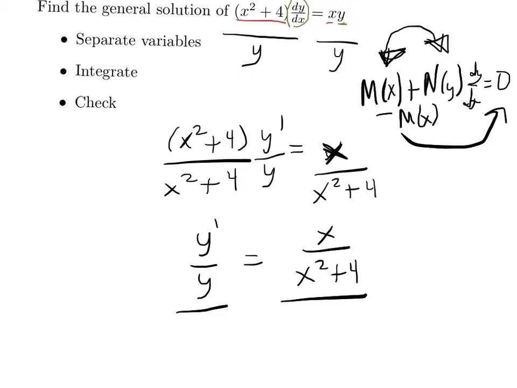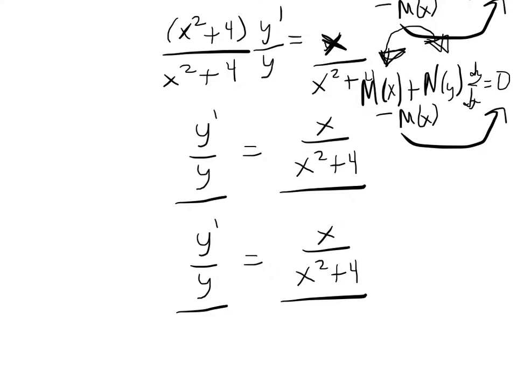All right, now that we have our y's and x's separated, we are going to change our y prime into a dy dx over y, and on the other side, x over x squared plus 4.